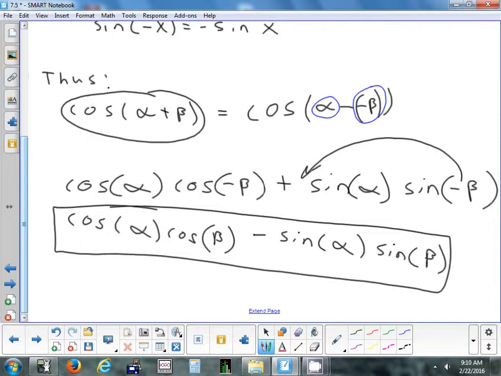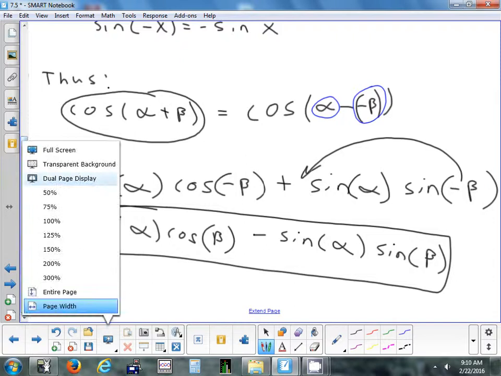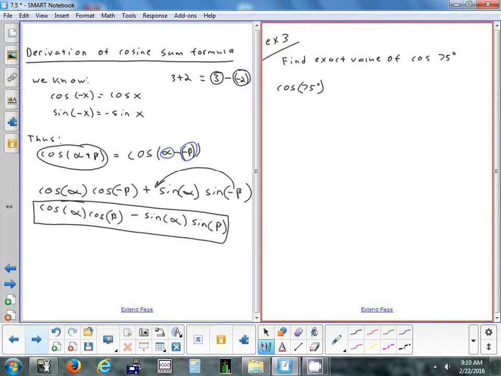All right, so now starting out just like we did with a number, I told you that the sum and difference formulas will allow you to do anything that's a multiple of 15. Okay, that says cosine 75. Now you can do this as a difference.